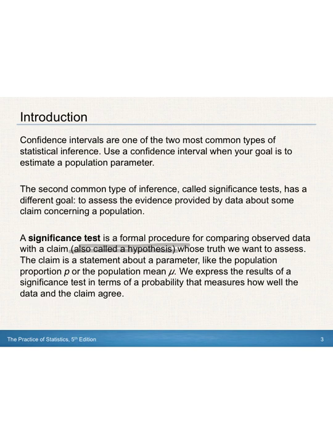And that claim is always a statement about a parameter. Both the null and the alternative are a statement about the parameter, like some percent about the population or some average, some mean. And then we express the results of the significance test in terms of a probability that measures how well the data and the claim agree.